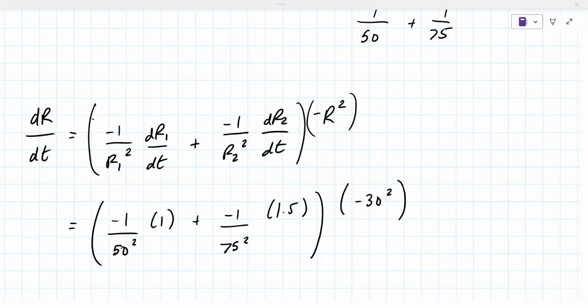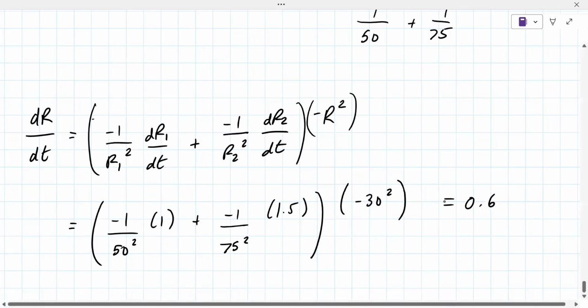Negative 0.12? It should be positive, because these two add together. I didn't see the first negative. Now that I changed it, I got positive 0.6 as well. That would be ohms per second.